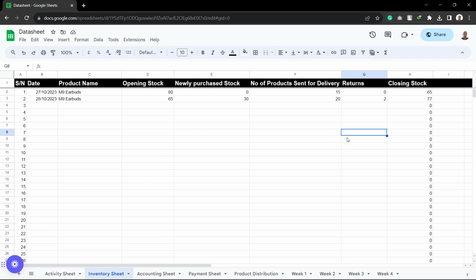Whenever you have any new product, you are going to input it. If we don't have any new products, it's going to be zero. But our opening stock is always going to be the closing stock of the previous day. Let's not mix it up. Our opening stock for today is the closing stock of yesterday.